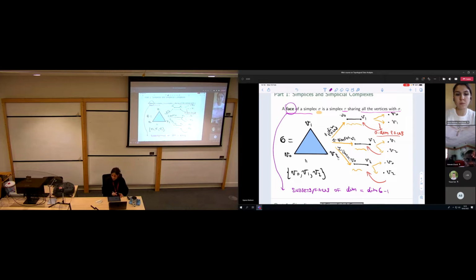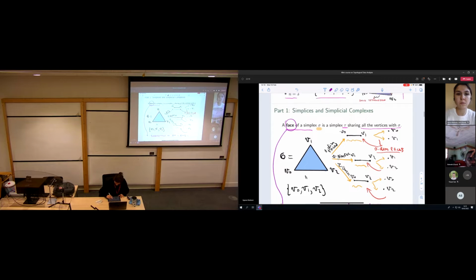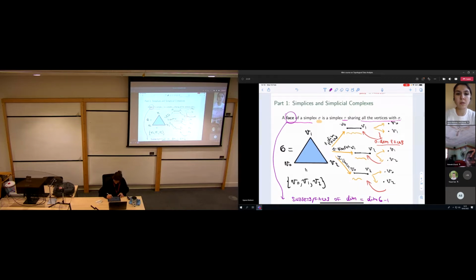Okay? So, in general, a face of a simplex is a subset or a subsimplex. In practice, when people talk about faces, they mean faces of dimension n minus 1. So, in this case, the faces of sigma would be only the 1-dimensional edges.